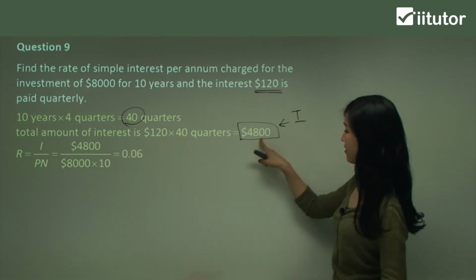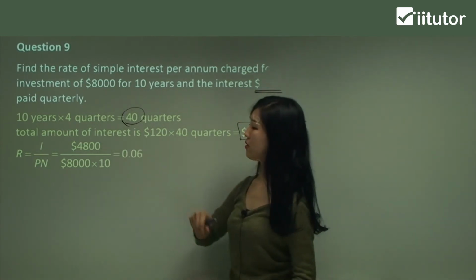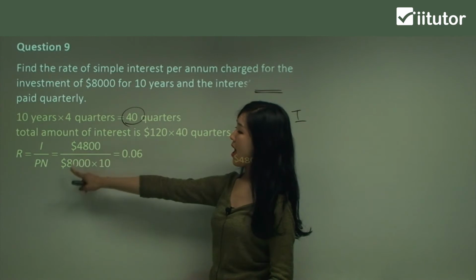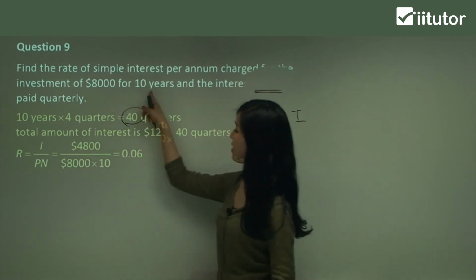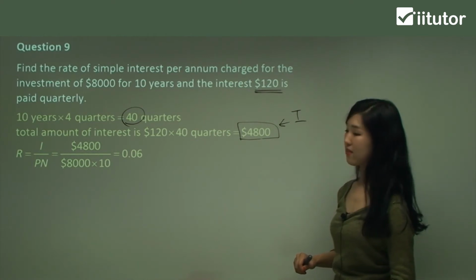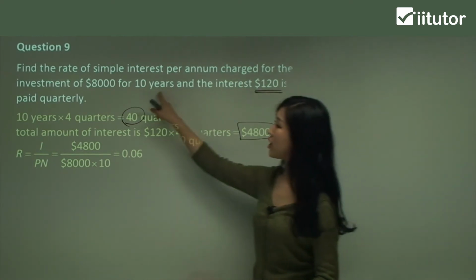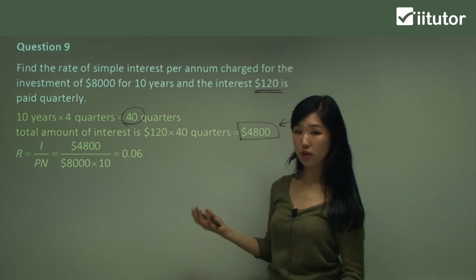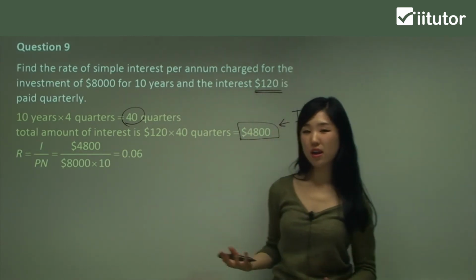So I is our 4,800 that we're going to put on the top. P, which is the principal, is simply $8,000. And what's the number of terms? It's 10 years. Okay, so that's pretty much it. Let's calculate the rate. And I'm not going to change these years to a different unit. I'm not going to change that to quarters, right? Because I want the per annum interest rate.